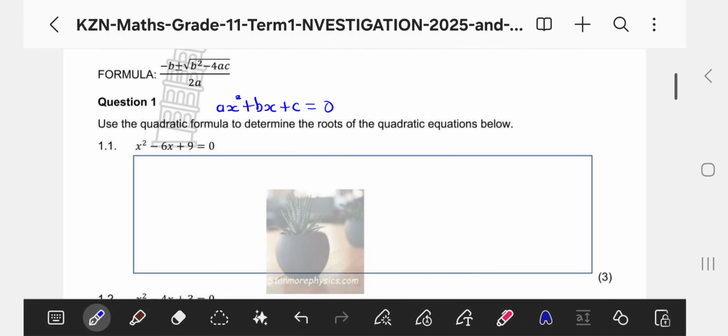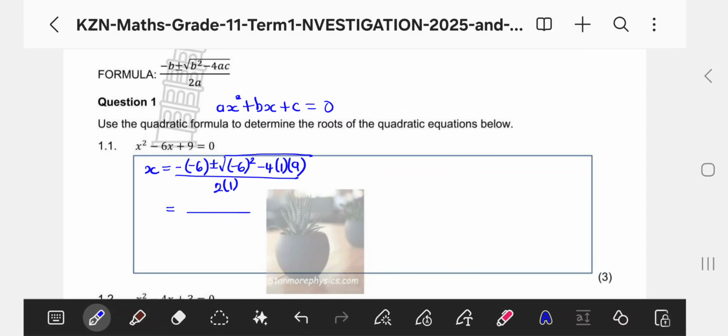Now I'm going to substitute into this quadratic formula. We've got negative b plus or minus the square root of negative b all squared minus 4ac, all over 2 times a, so 2 times 1.